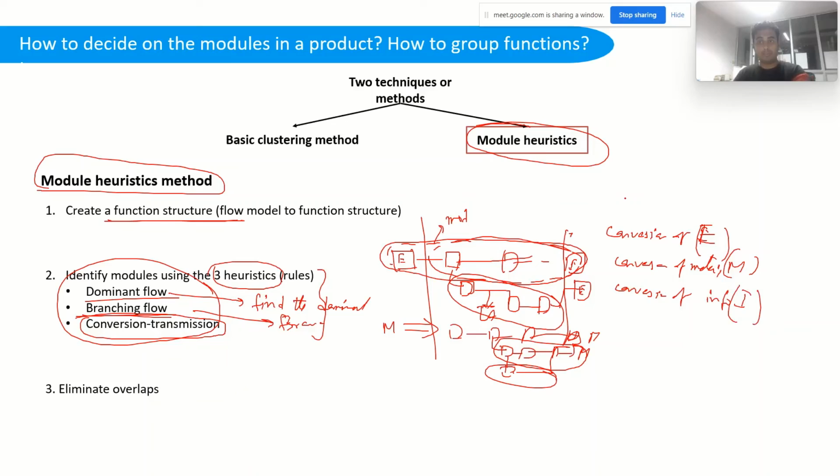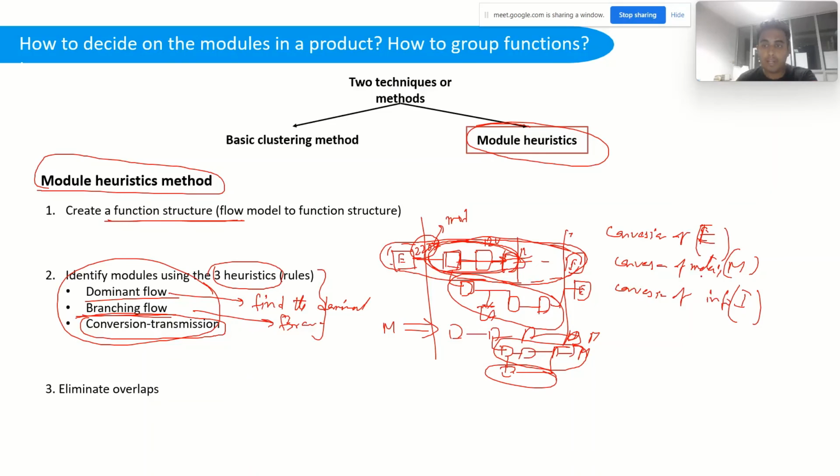In those cases also we can consider them as modules. For example, when 220 volt is the energy input and we have a rectifier circuit, then we come up with 12 volt, and then we have some sort of regulator. Because this is a conversion of 220 volt AC electrical voltage to 12 volt, we can consider this particular part as one module unit also.